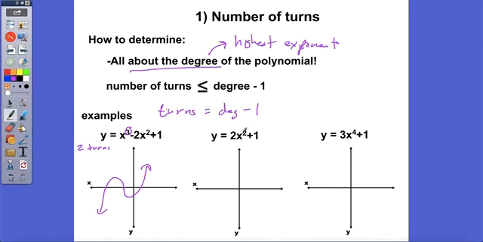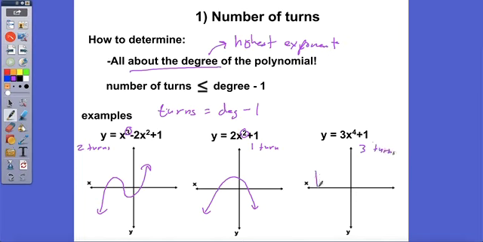For this one, the degree is 2, so that would mean 2 minus 1, which is 1 turn. 1 turn just means we start out going either up or down and turn around once. So it'd be a parabola, which makes sense, because we basically know about quadratic polynomials. They always form parabolas. And then a 4th degree would have 3 turns.